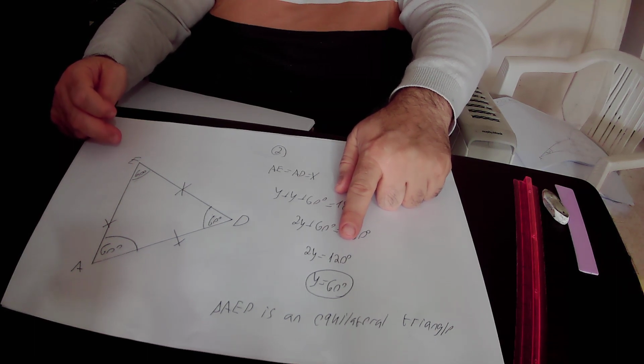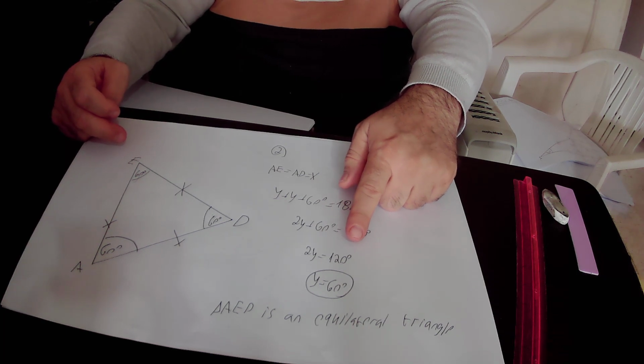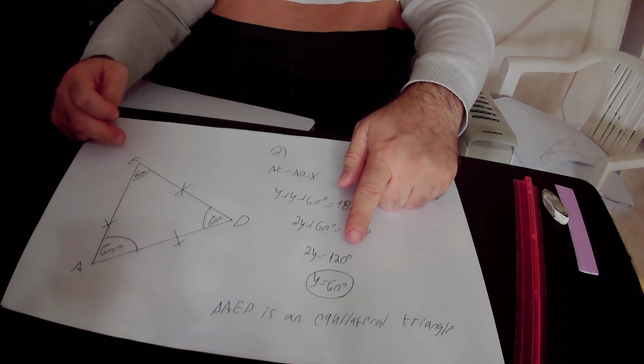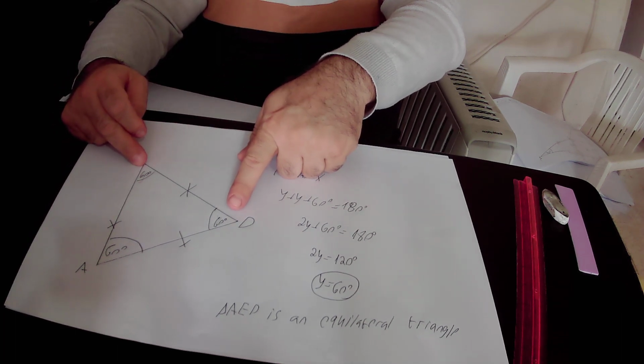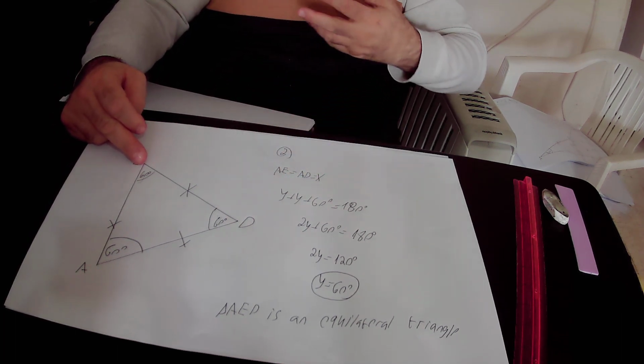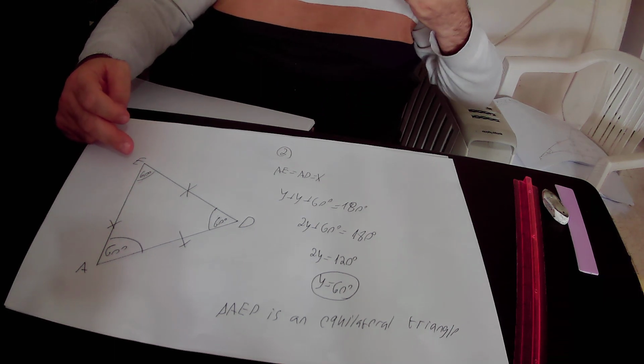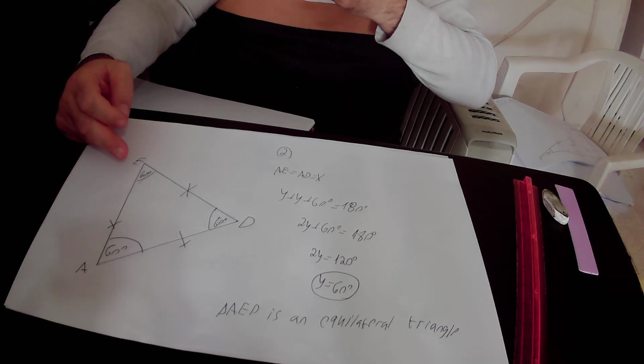We divide this equation by 2, and we get that the value of angle y is 120 degrees over 2, which is 60 degrees. So this angle equals 60 degrees, and this angle equals 60 degrees. So all the angles inside triangle EDA are equal to 60 degrees.